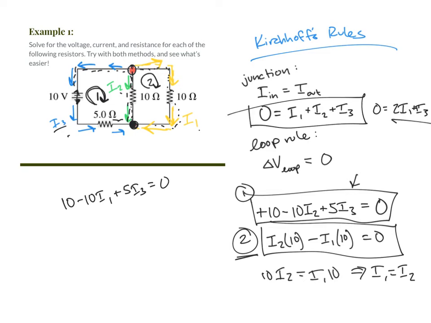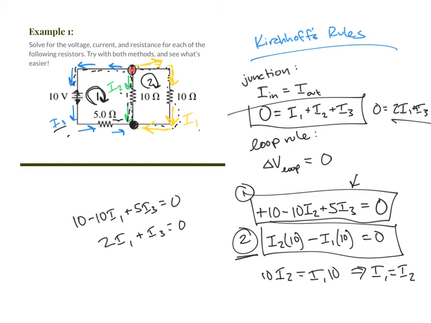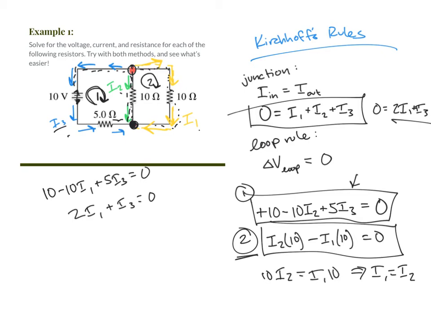And from this equation, we have 2I1 plus I3 equals 0. And we can do some elimination here. If we multiply this equation by, let's see, that one right there, if we multiply it by 5, we get 10I1 plus 5I3 equals 0.